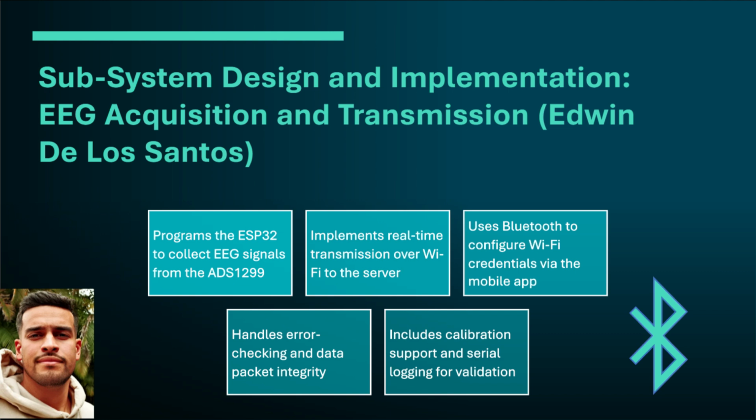This system will handle any errors from the data, checking the packet integrity of the whole signal itself before it reaches the FPGA server. This will implement real-time transmission over Wi-Fi to the FPGA server.